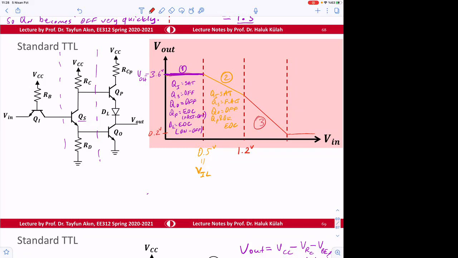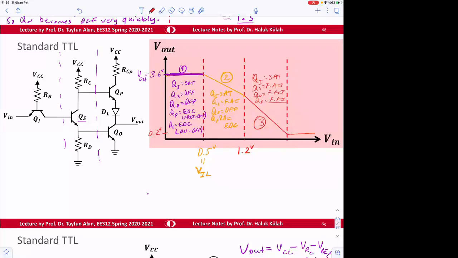For the third case, again QI is SAT, QS is in forward active, QO is forward active, and QP is forward active.